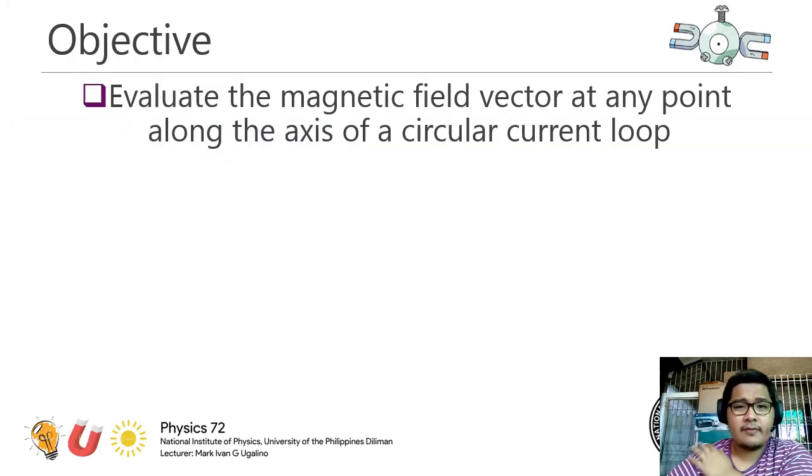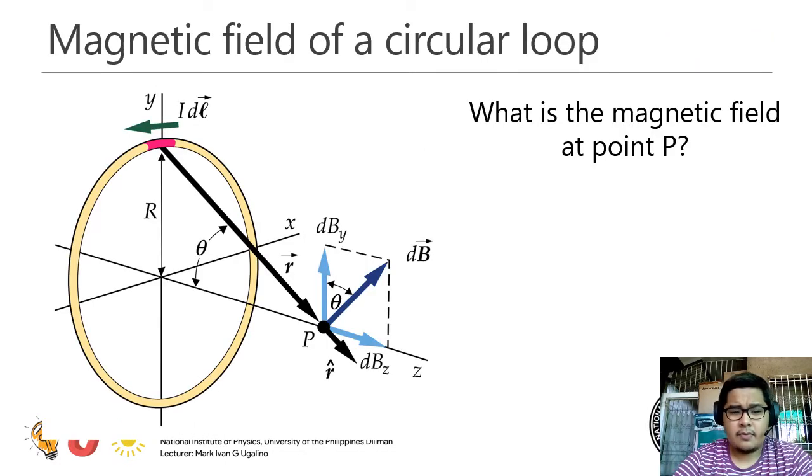The objective for the first part of this lecture is, of course, to find the magnetic field vector anywhere in space due to a circular current loop. And that, of course, we will do using your Biot-Savart law. So, using the setup wherein you have here a circular loop of radius r that lies on the xy plane.